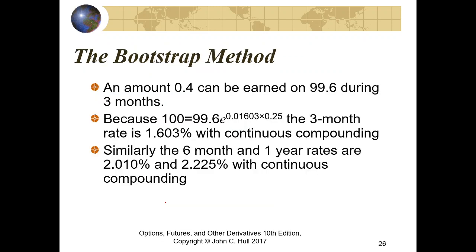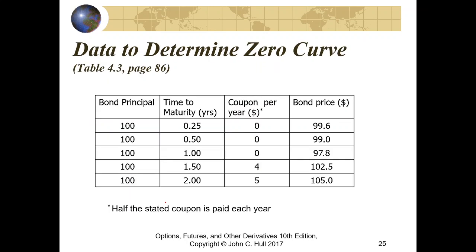Now let's start with finding the zero rates for maturity of 3 months, for maturity 6 months, and for maturity 1 year. These turn out to be easier to find because there are no coupon payments in these maturities.